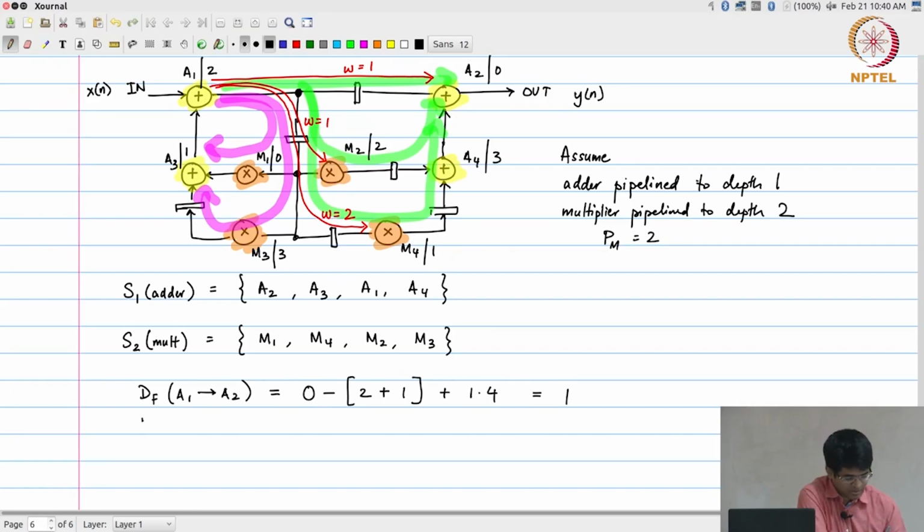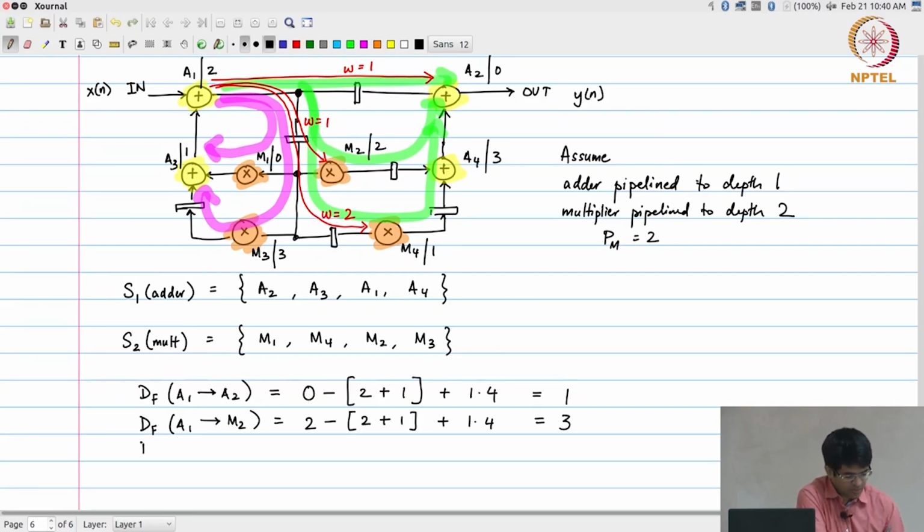Let us look at DF from A1 to M2. In this case, once again, the schedule time of M2 is 2. The finishing time of A1 is 2 plus 1 equal to 3. Again it would have been negative except for the fact that there is one delay over here. So, what I get is 4 plus 2, 6 minus 3 is equal to 3.